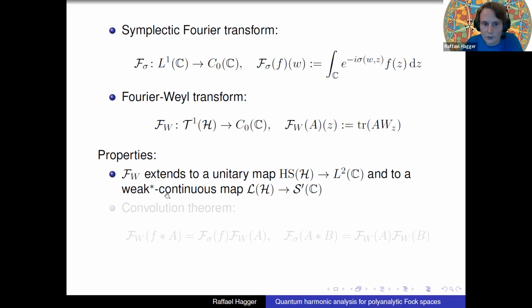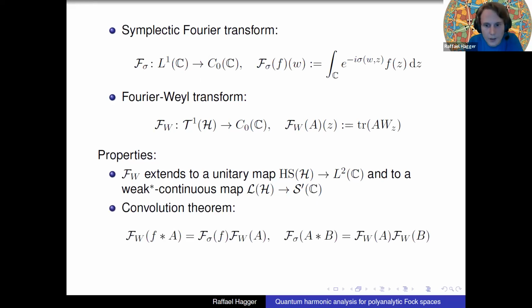Okay, weak star here refers to the duality trace class to bounded linear operators. So that's what I mean here by weak star continuous. So now you can take the Fourier-Weil transform of arbitrary bounded linear operators in this way.